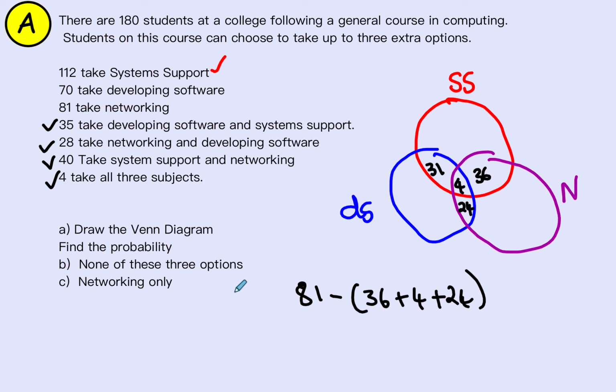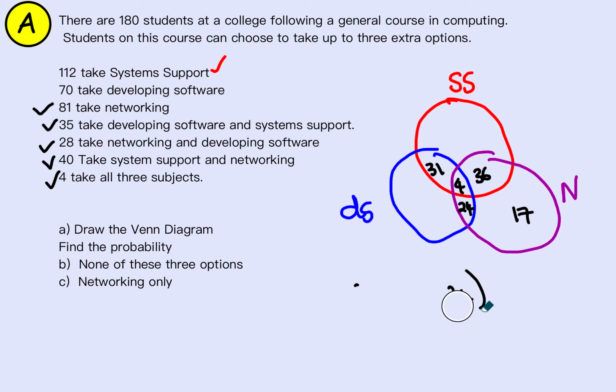You can do this on your calculator. 81 subtract 36, subtract 4, subtract 24 is going to give me 17. So it's 17 that should just be left in this space. If you want to verify that, you can add that all up.